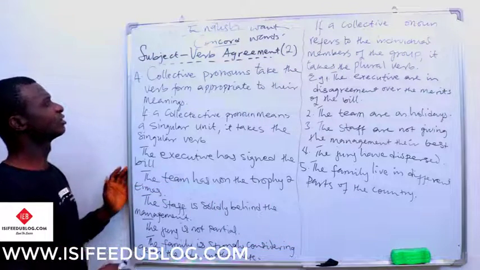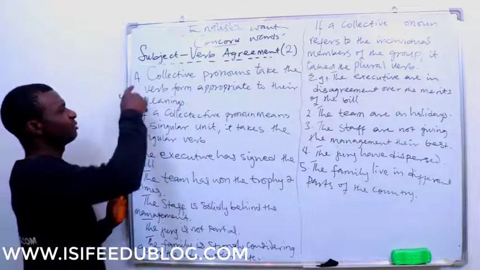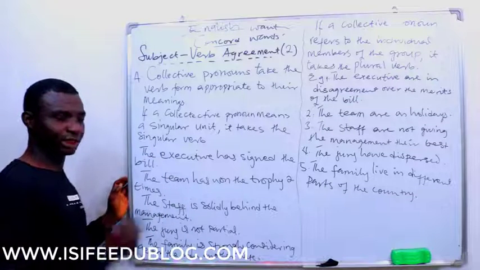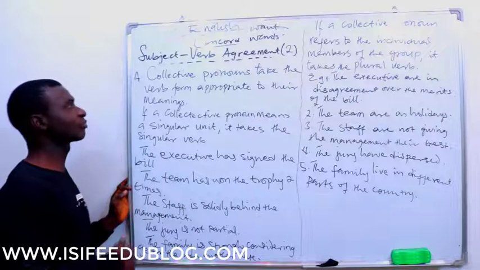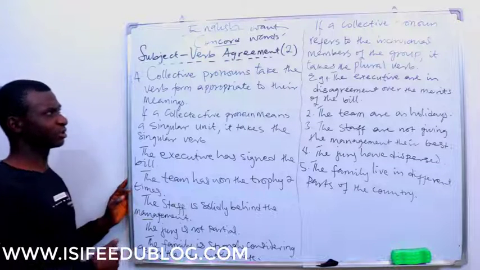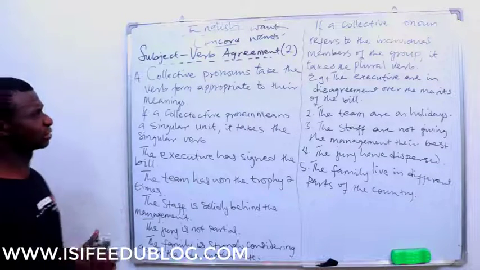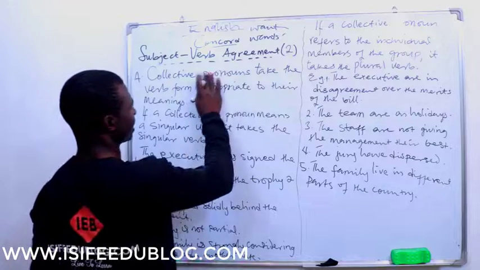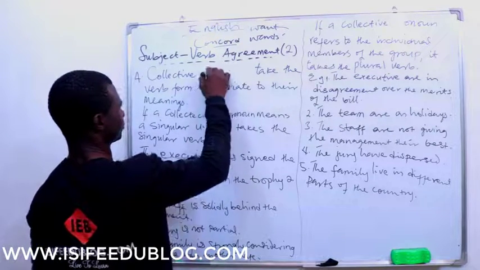Now, we have labeled this number 4 because we had taken 3 rules earlier. How do we use collective nouns in English? Collective nouns in English.